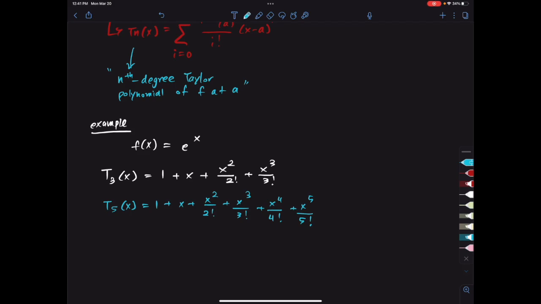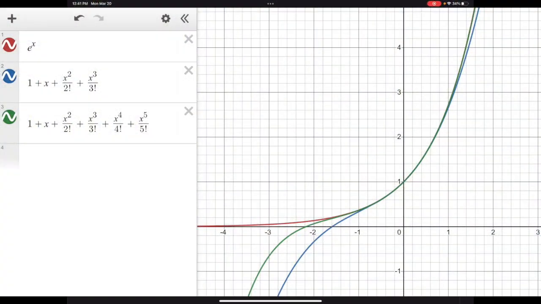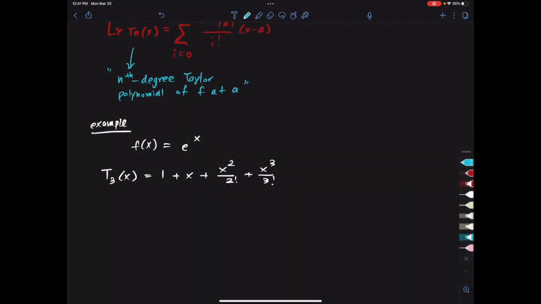Which becomes more accurate to e to the x's exact graph. Therefore, the partial sum becomes more accurate only within a certain interval.